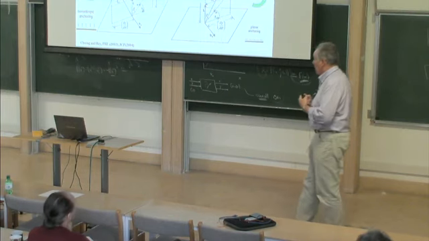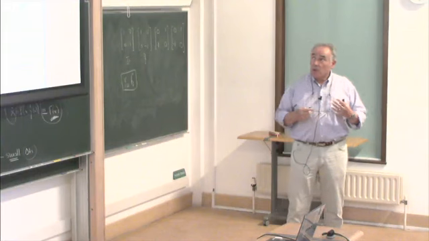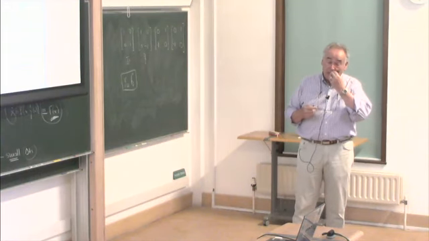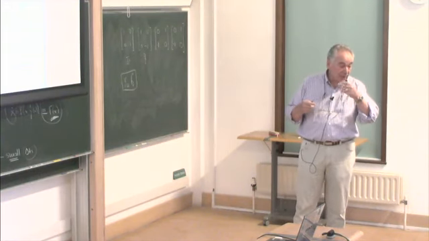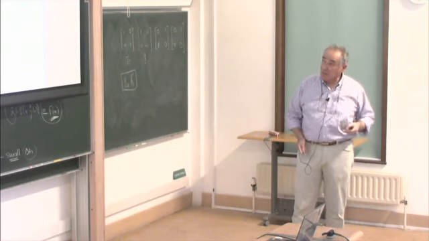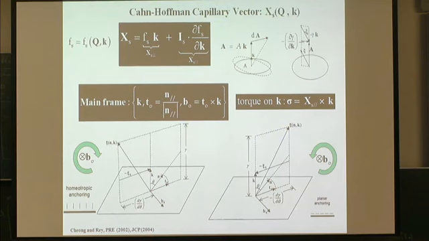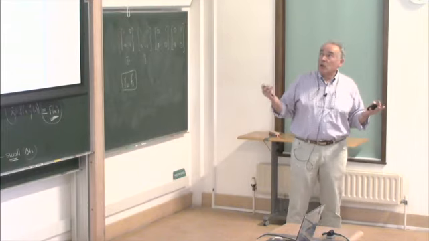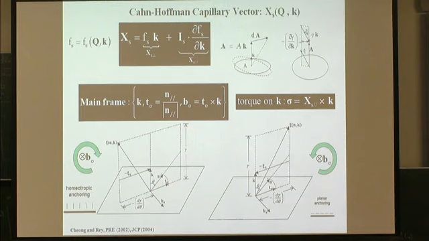For a simple liquid, there is no explicit orientation in the formula, so it's always a scalar, gamma prime, gamma double prime. Here you can see, because this free energy F is a function of Q and K, we have a nice expression with a normal and a tangential component. Physically, what does it mean? That you have a normal and a tangential component for capillarity.